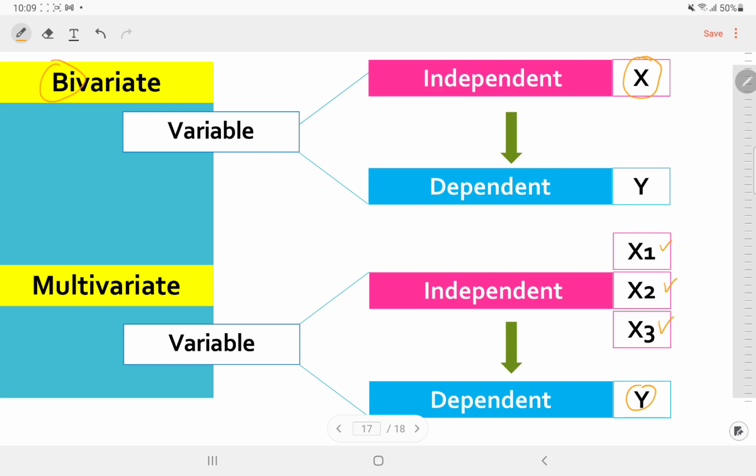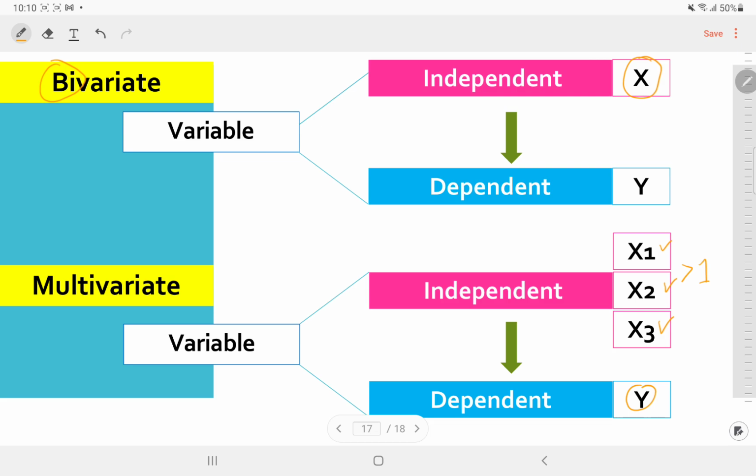So multivariate means the number of independent variables should be more than 1. It can be 2, it can be 3 or more. And here, the analysis that we will use in these schemes is regression, for example. I will explain about it more deeply in another video, but you should know about the types of regression.